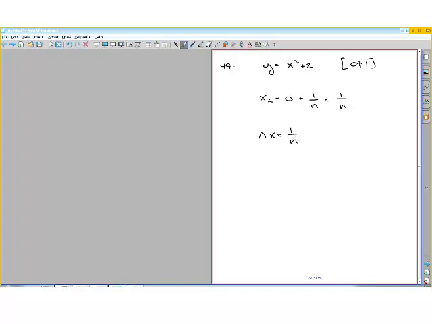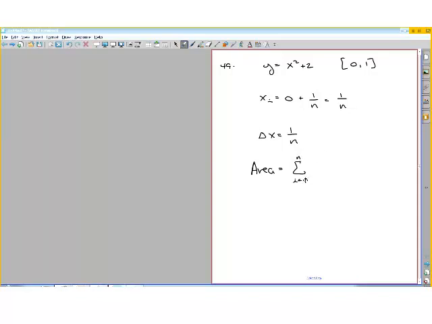And it's 1 because we have an interval of 1. If we went to 2, it would be 2 divided by n. If it was 3, it would be 3 divided by n. Likewise, this would be 1, 2, or 3, depending upon what the interval was. So that's delta x. So the area is equal to the summation from i equals 1 to n.